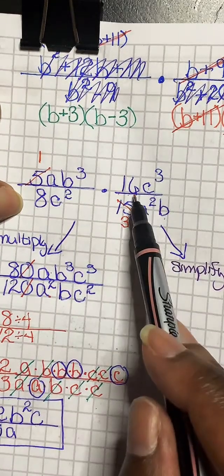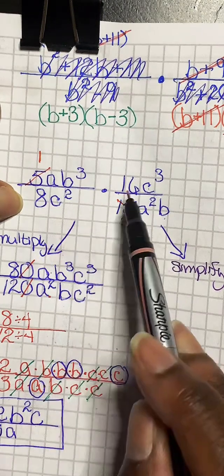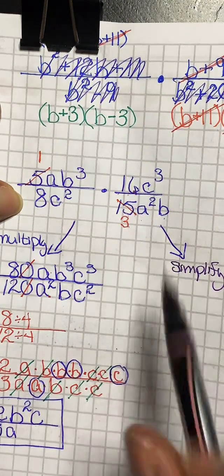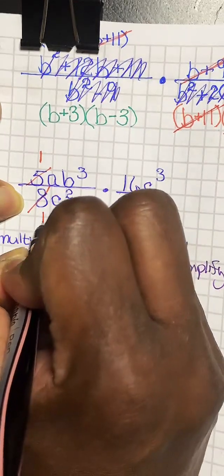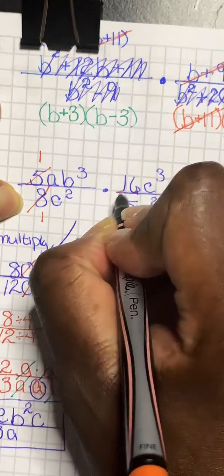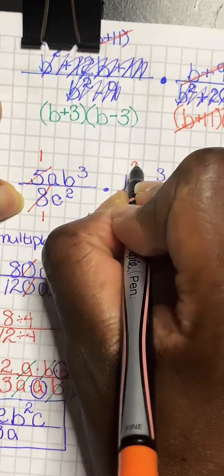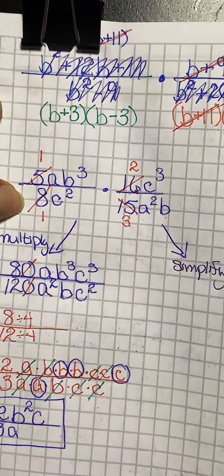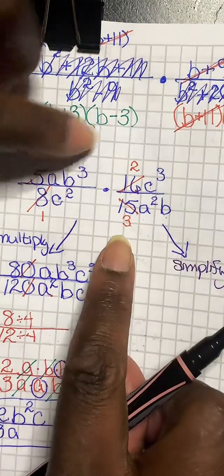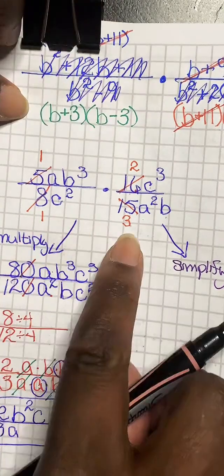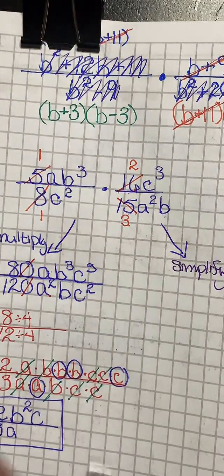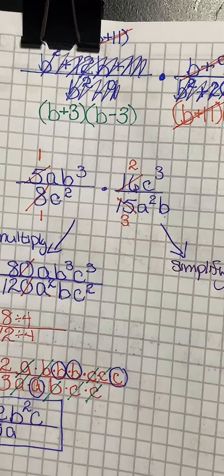I also notice here with my 8 and my 16, they both have 8 in common. So that means 8 divided by 8, that's going to be 1, and 16 divided by 8, that's going to be a 2. So now we can kind of see that we have that 2/3, because 1 times 2 and 1 times 3, no insult to you guys, will give me 2/3.